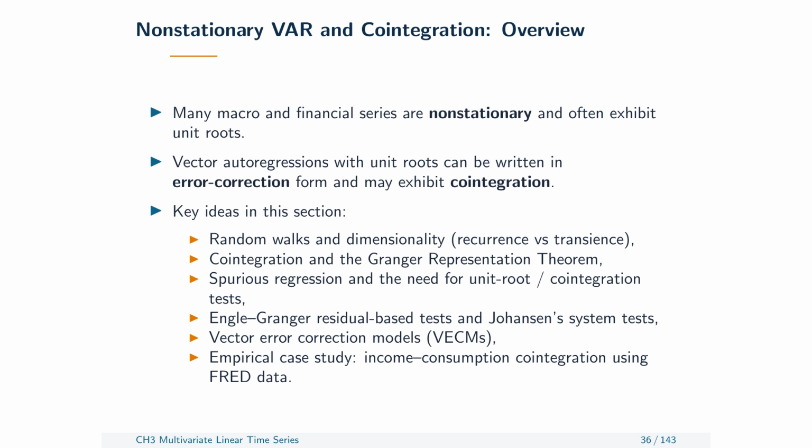Orthogonalization then supplies just one possible way to label those innovations as shocks, and bootstrap methods tell us how uncertain the whole picture is. A convincing story keeps these layers apart and says plainly which conclusions come from the data, which from our assumptions, and which are still uncertain.